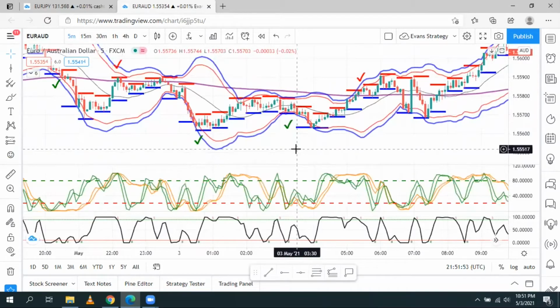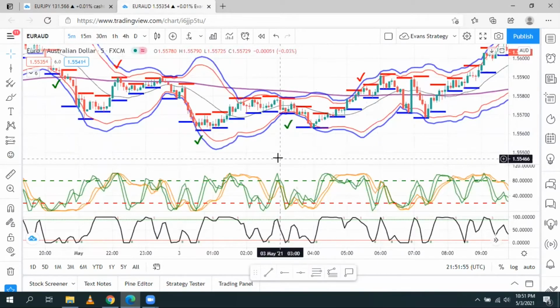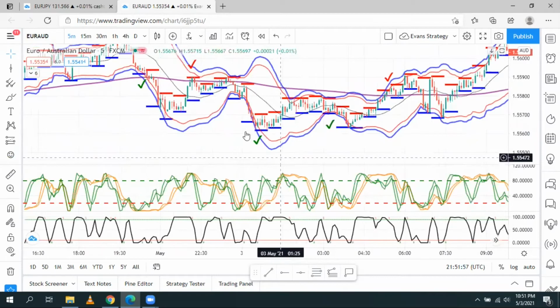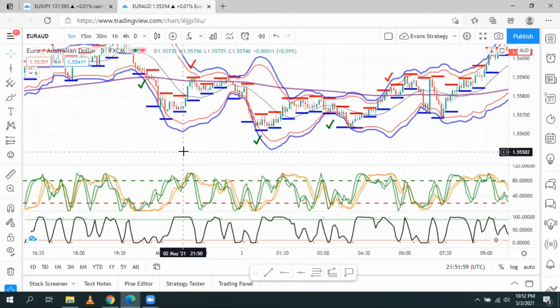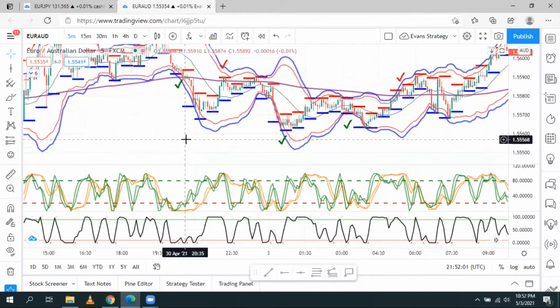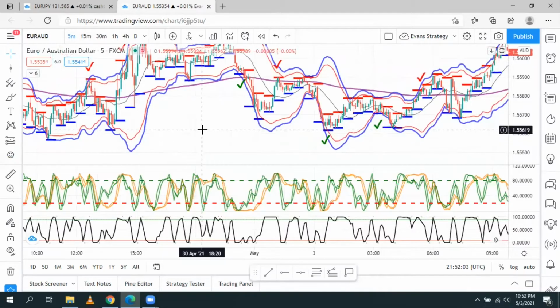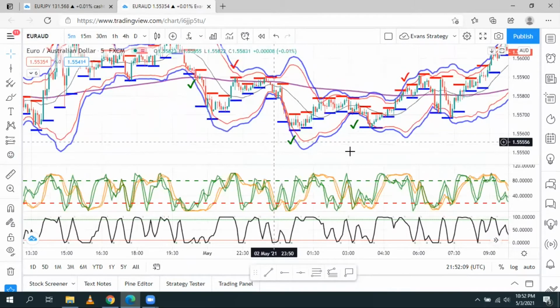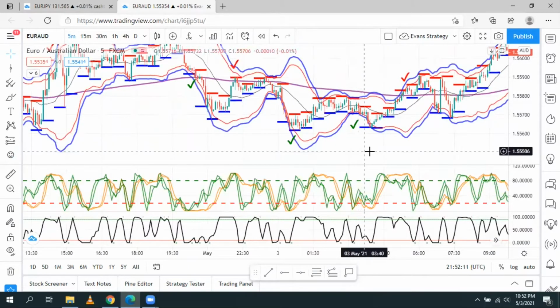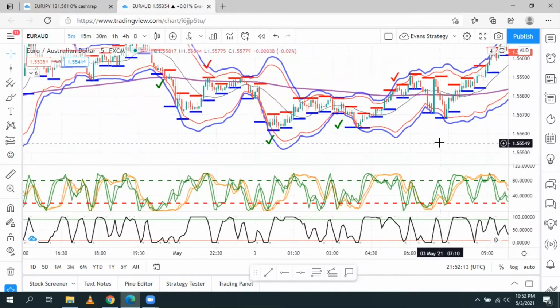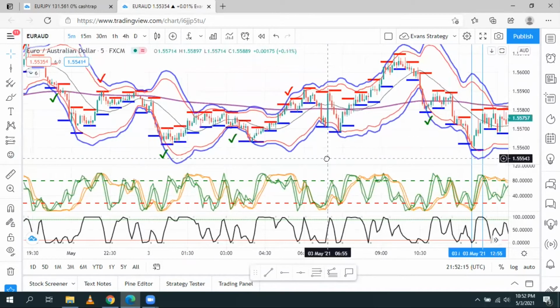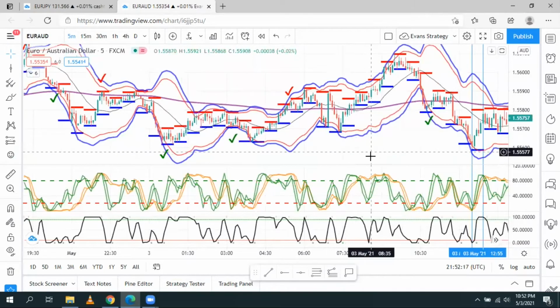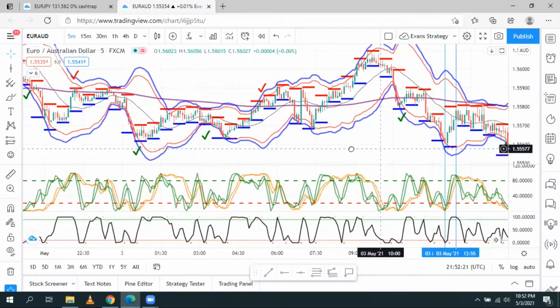Obviously, it's not going to work every time because nobody can predict the market 100%. There are times whereby the market will just do it and show you that you can't predict it right all the time. But where our advantage is, we predict correctly more than the ones we lose. And if you can have a 70-80% win rate, obviously you are going to be profitable in this business.